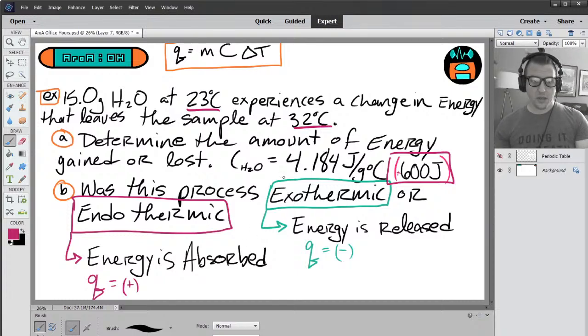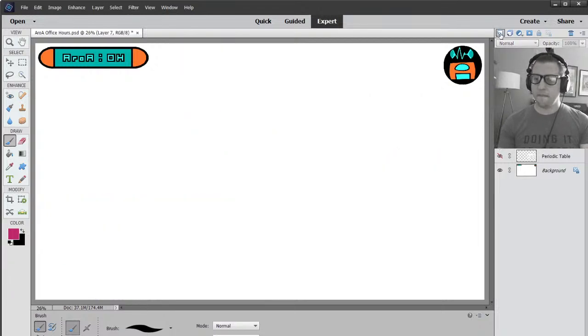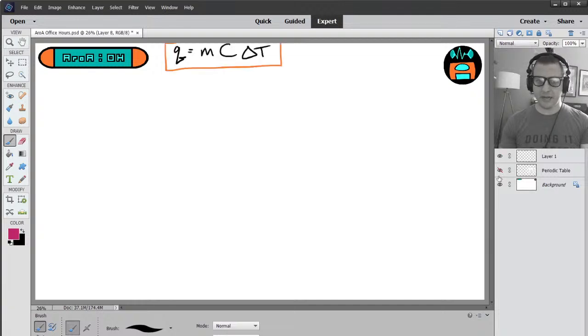All right. Okay, so we're going to do a couple more examples like this one because this is just one of those topics that is good to get repetition on. All right. Okay, so here, let's do another problem.